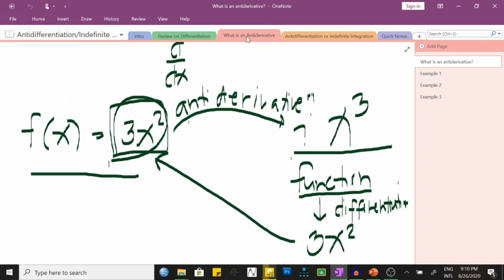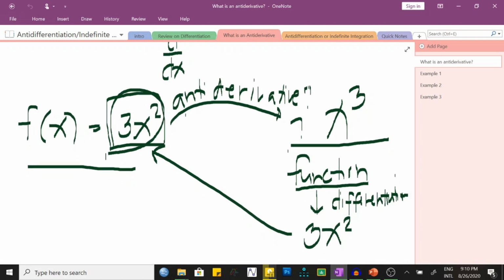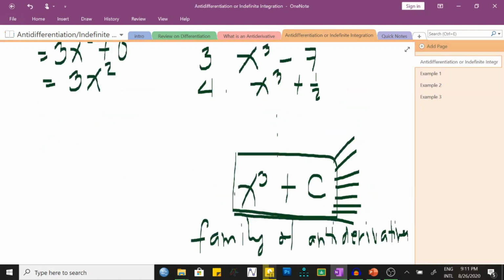In the previous problems, for example, this one, we are only looking for a particular antiderivative. One particular antiderivative for 3x squared is x cubed. But when the problem is on antidifferentiation, or when you are asked to do antidifferentiation, you are not only to look for a specific or a particular antiderivative, but to identify all possible antiderivatives.